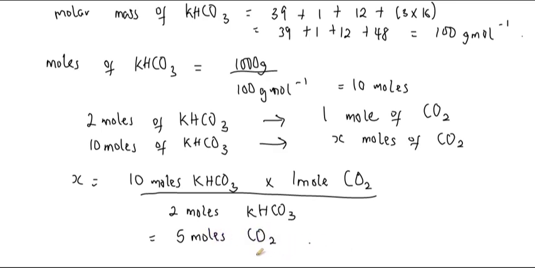So now we can say that if 2 moles of KHCO3 produces 1 mole of CO2, then 10 moles of KHCO3 will produce 5 moles of CO2. So this is just the first part of the question.